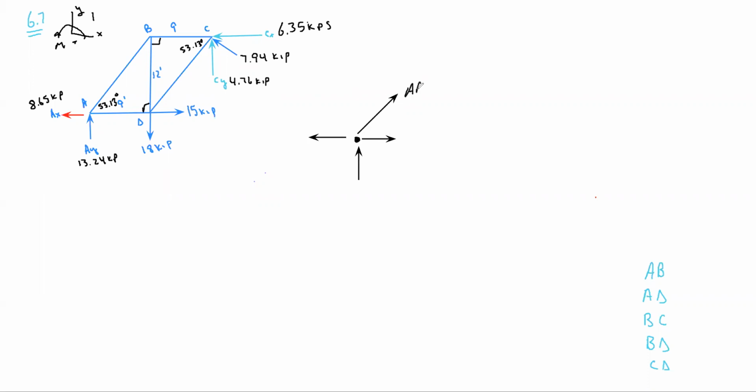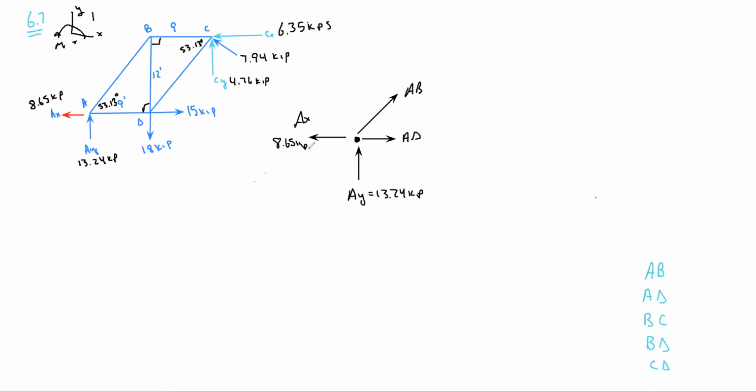So AB, AD, AY, which we know is 13.24 kips, AX, which we know is 8.65 kips. And we are ready to go.